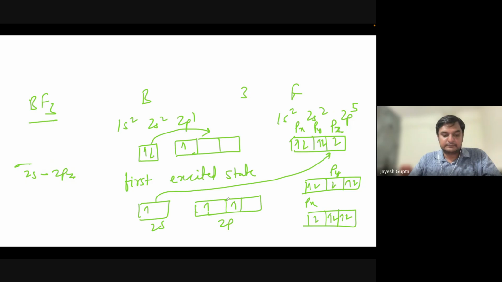Now here again you can see a single electron in p with a single electron here. Again this can give you head-on overlapping. This will become your py, so sigma 2py-2py.